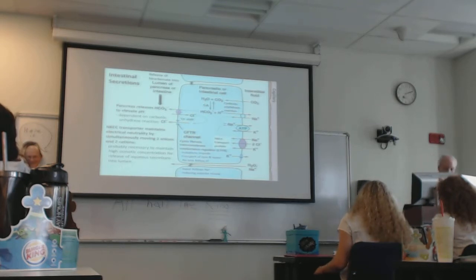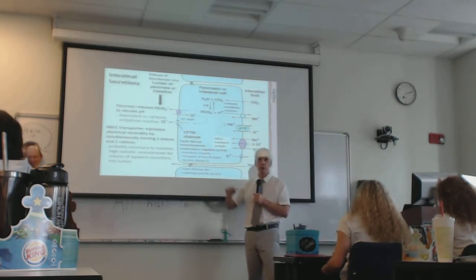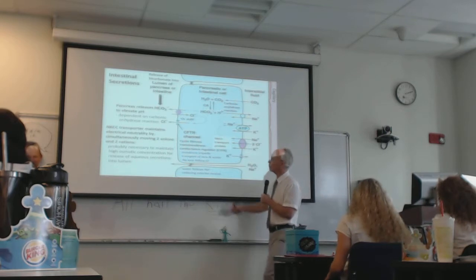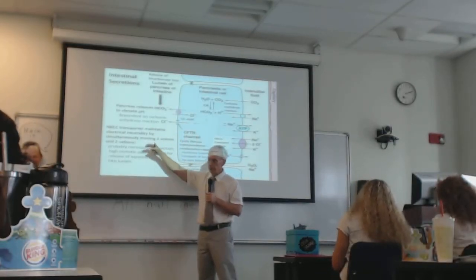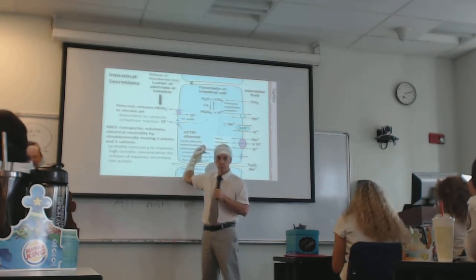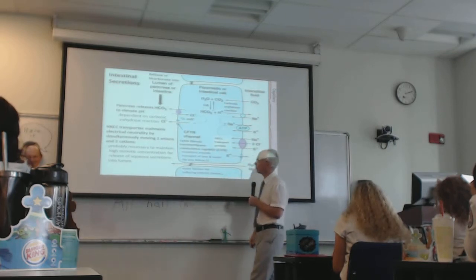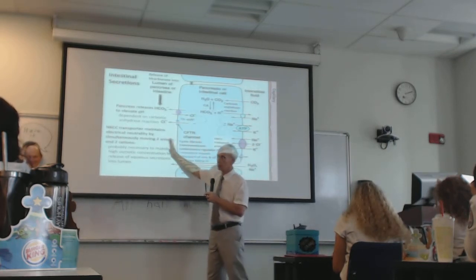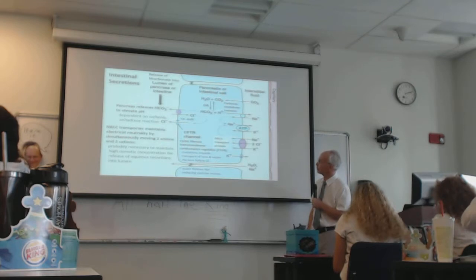All right. And if that transporter is functioning properly, that is to say it is not mutated, and there are over 100 mutations of that particular transporter, chloride leaves, the sodium tends to follow the chloride, and what's going to follow the sodium? Water. And so this particular chloride transporter is very essential for maintaining the proper level of hydration, in this case on the luminal side of the intestinal cell.